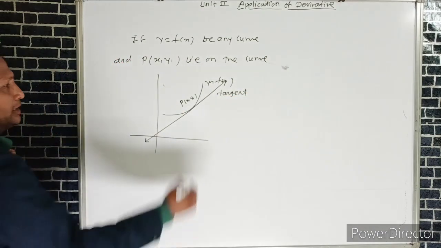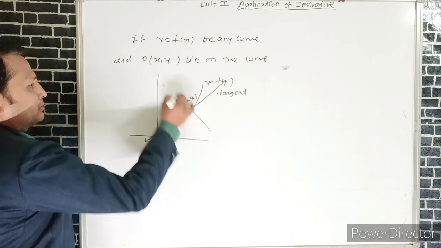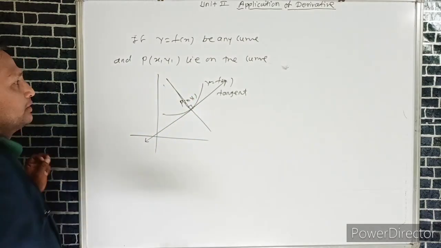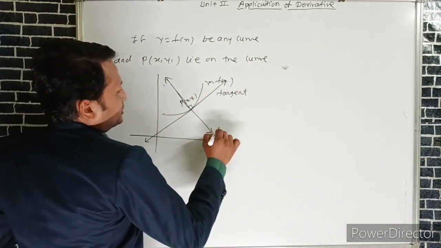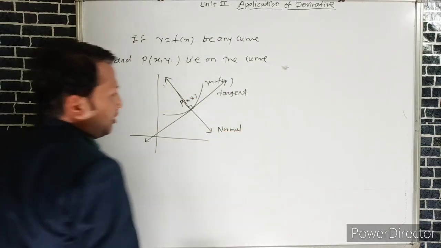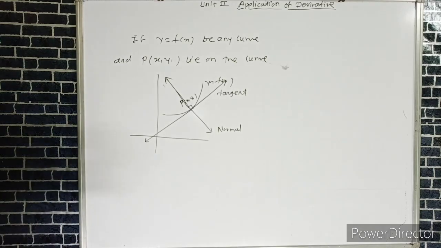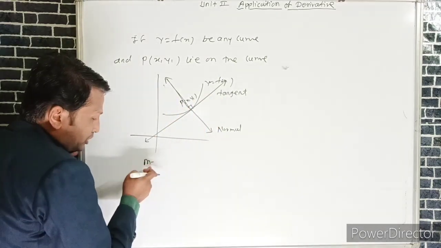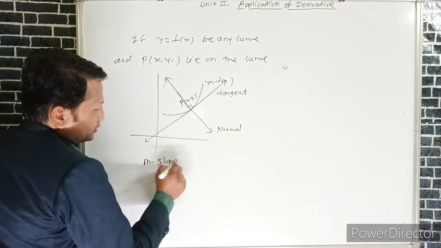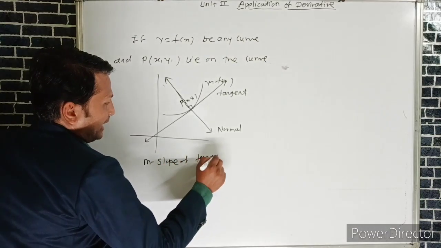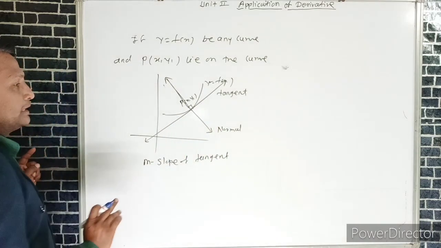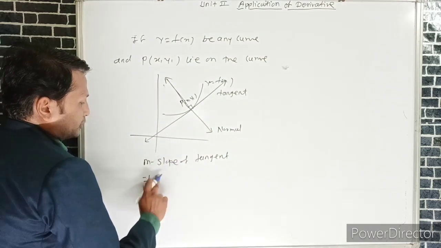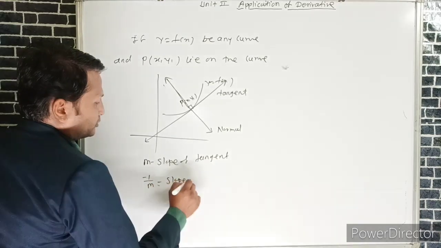and if the line is perpendicular to the tangent, meaning it makes an angle of 90 degrees, that is the normal. Now we know that the slope of the tangent is denoted by m, and the slope of the normal, being perpendicular to the tangent, is minus 1 upon m.